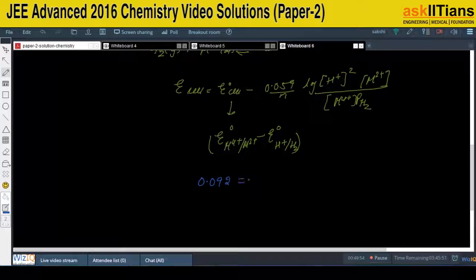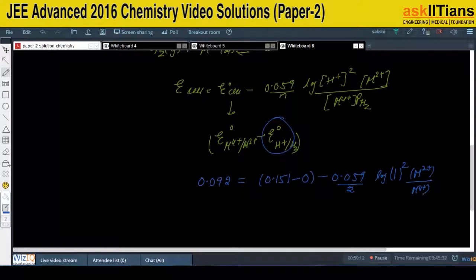0.092 is equal to 0.151 minus 0, since you know that the standard reduction potential for the hydrogen electrode will be 0. Again minus 0.059 divided by 2 log of, so this has been given as 1 squared, M2 plus divided by M plus 4, and then here also you have 1.